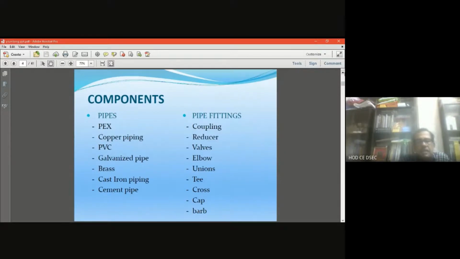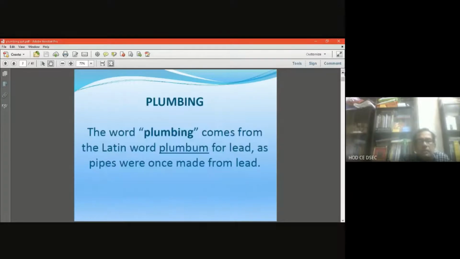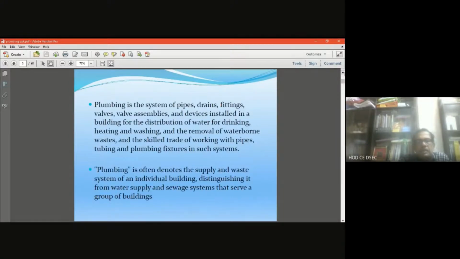Initially, the piping was made of copper. In fact, the word plumbing comes from the Latin word plumbum, for lead, as pipes were once made from lead. That's why the word plumbing evolved in relation with that piping material.